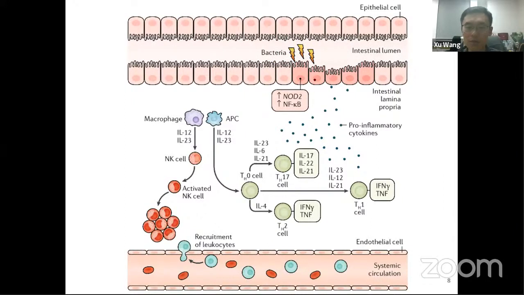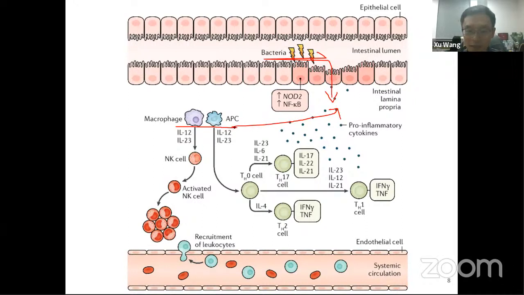When there is a problem with the intestine, some bacteria cross the damaged intestinal barrier and enter the intestinal lamina propria. If the cells react correctly, then the innate immune cells, for example macrophages and some dendritic cells, can kill the invading bacteria.